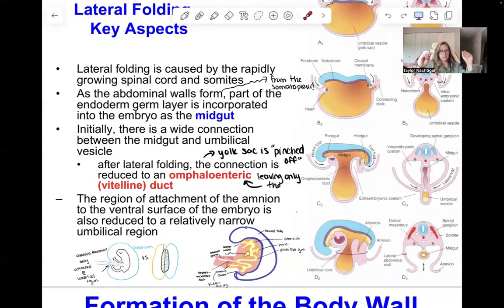That's the midgut. So foregut, hindgut, and midgut all come from endoderm. The foregut and the hindgut arise from head-tail folding, while the midgut arises from lateral folding.